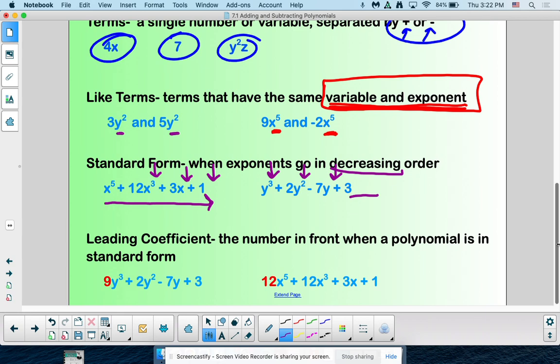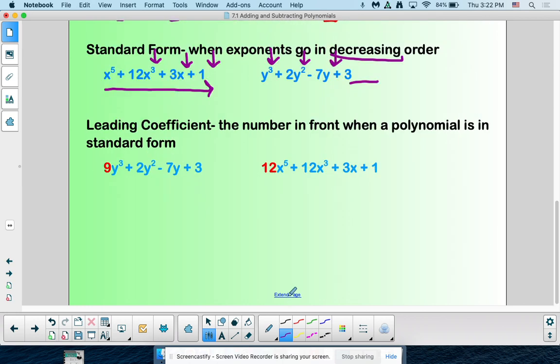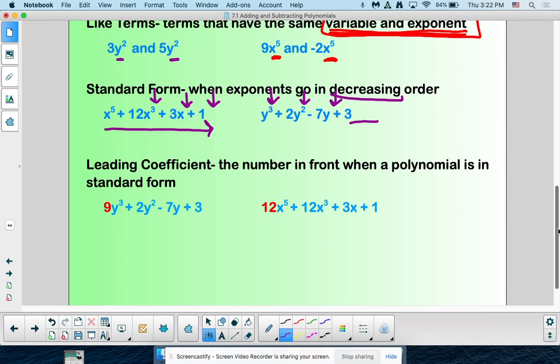And then the last thing on this first page of your notes: the leading coefficient is the number in front when a polynomial is in standard form. So it has to be in standard form, and then it's the number in front. If you notice here, I made it a different color ink. So 9 would be your leading coefficient in this polynomial here. 12 would be your leading coefficient.